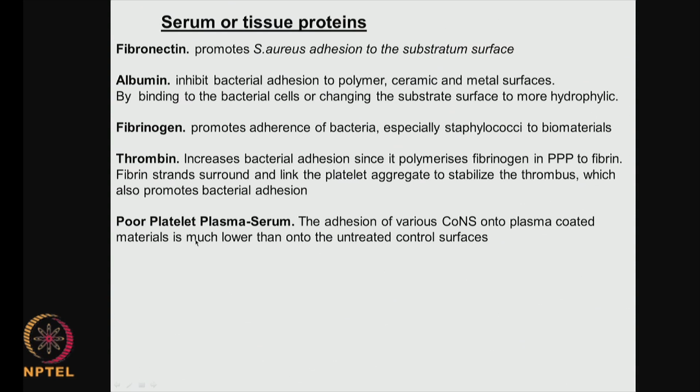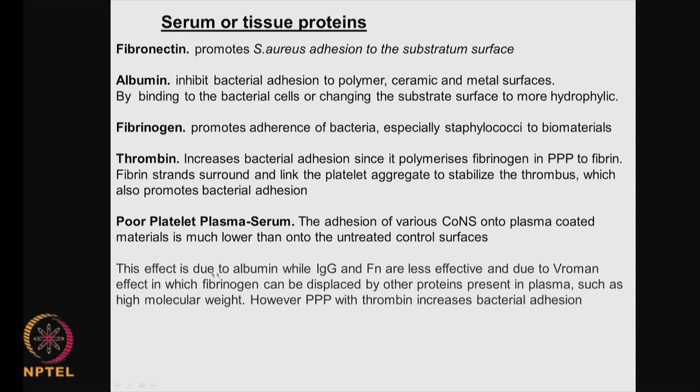Okay. So, what is this? This effect is due to albumin, while IgG and FN are less effective, and due to the Vroman effect, in which fibrinogen can be displaced by other proteins present in plasma, such as high molecular weight kininogen. However, PPP with thrombin increases bacterial adhesion, because thrombin enhances bacterial adhesion, fibrinogen enhances bacterial adhesion, fibronectin also enhances bacterial adhesion.